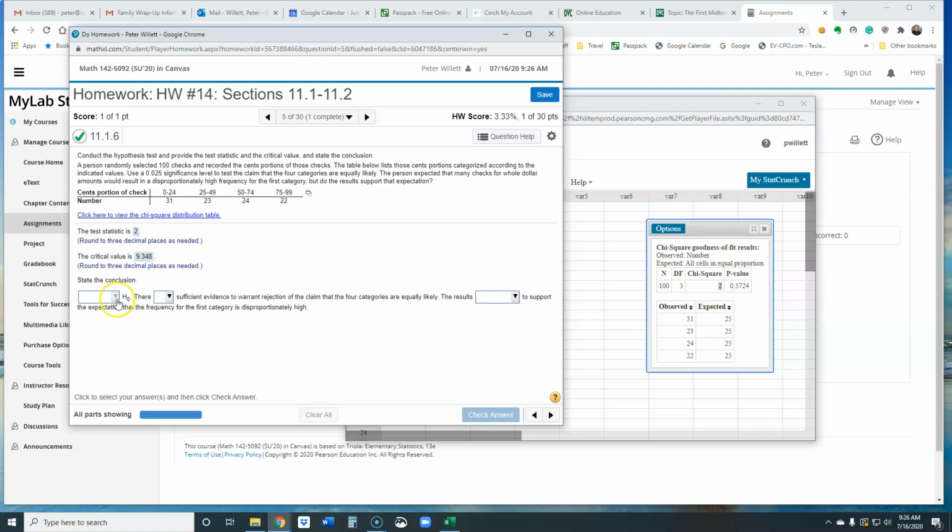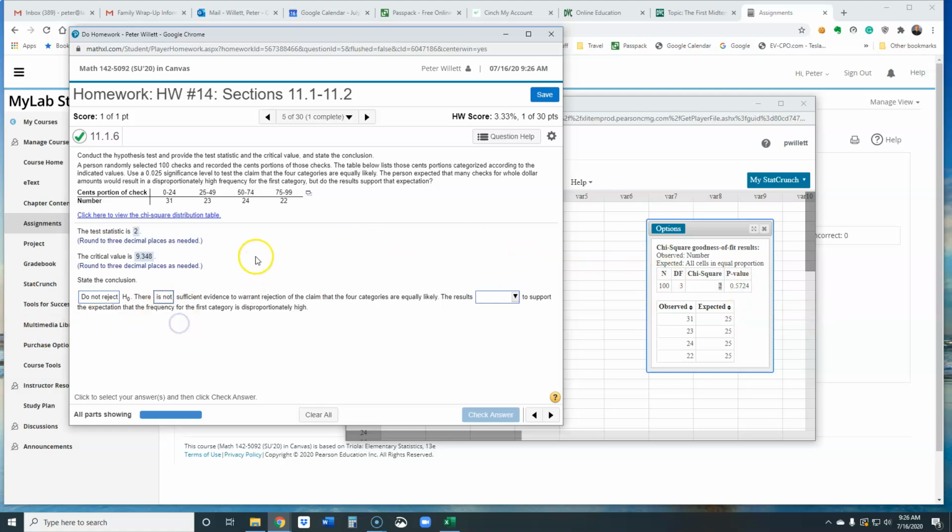So let's go ahead and fill in this conclusion. We do not reject the null hypothesis. Again, the null hypothesis here would be that these are all equally distributed, and the alternative hypothesis is that they're not. But we do not reject that because this quite possibly happened by random occurrence.